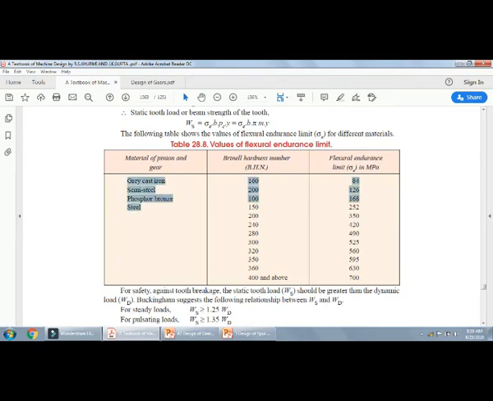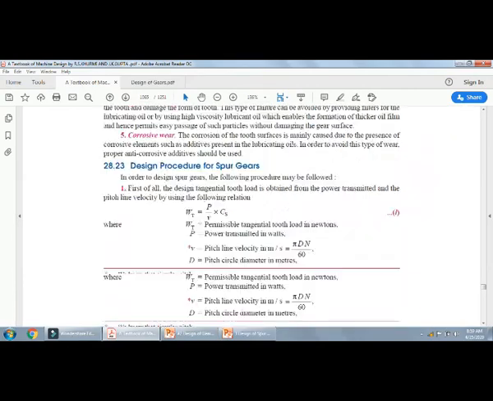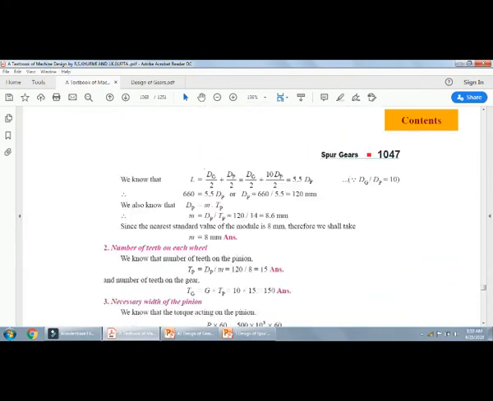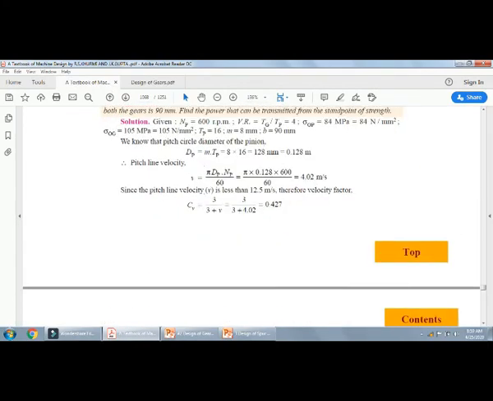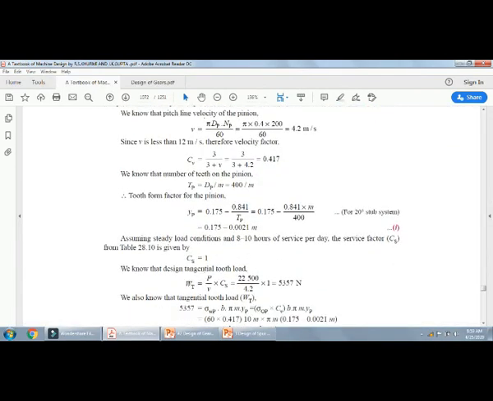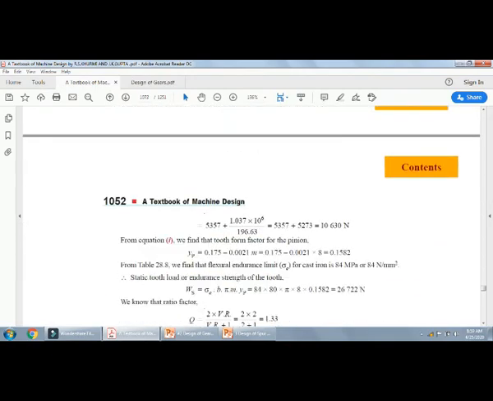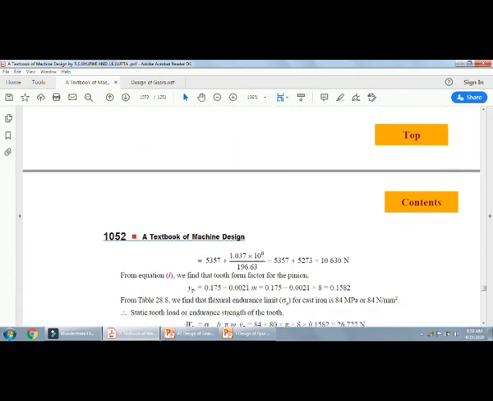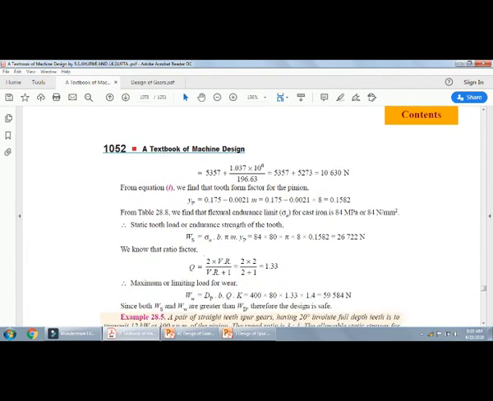We may select depending upon the material of the pinion as well as gear, or it may also be taken directly from BHN values given in your statement. Here we will consider table 28.8, then we will pick up the value of 84 megapascal.